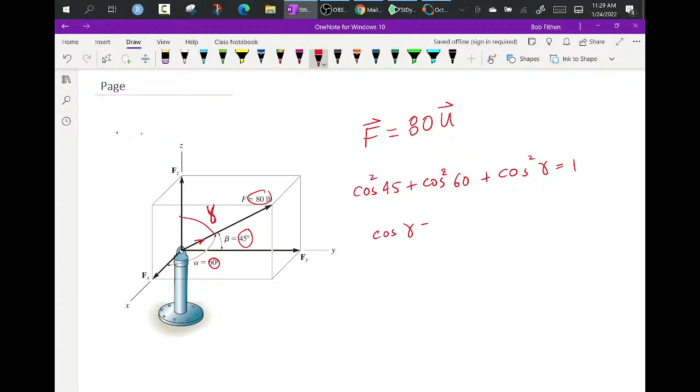Cosine is equal to, and I have to square it, or square root it. And so I end up with gamma.